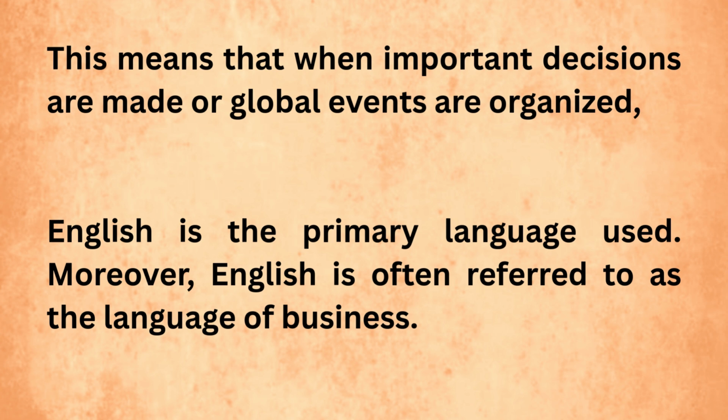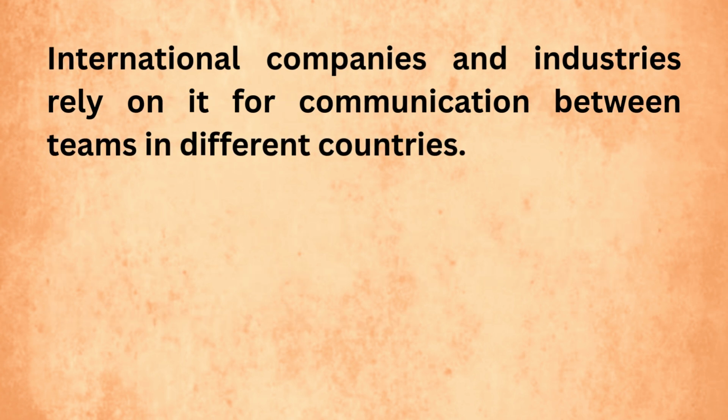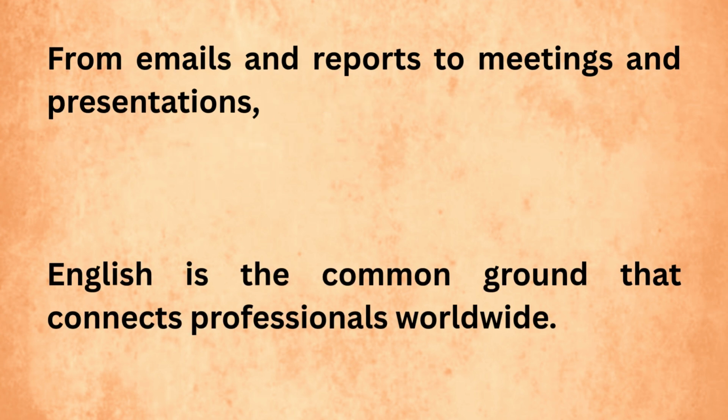Moreover, English is often referred to as the language of business. International companies and industries rely on it for communication between teams in different countries. From emails and reports to meetings and presentations, English is the common ground that connects professionals worldwide.